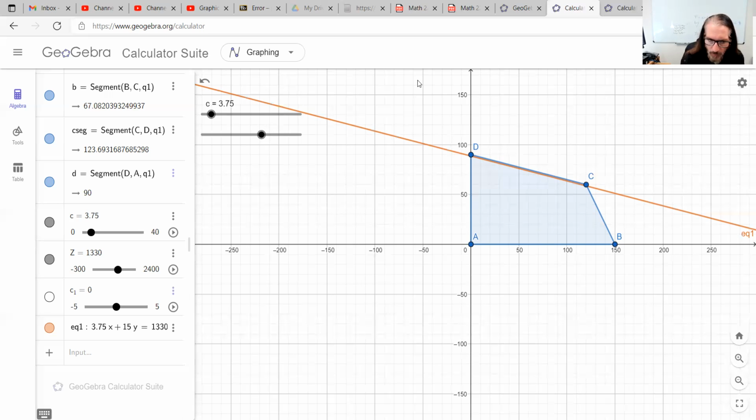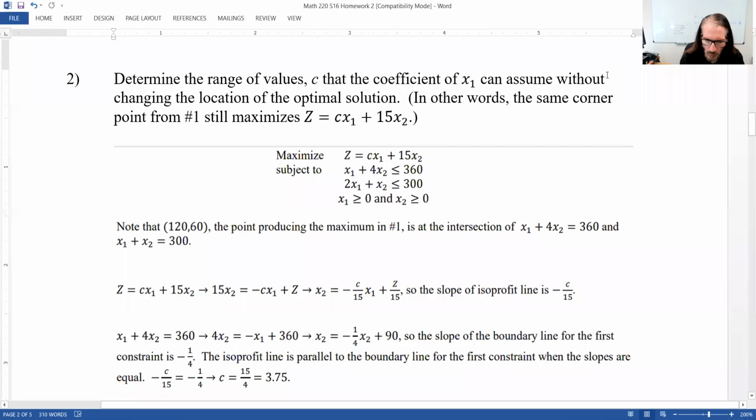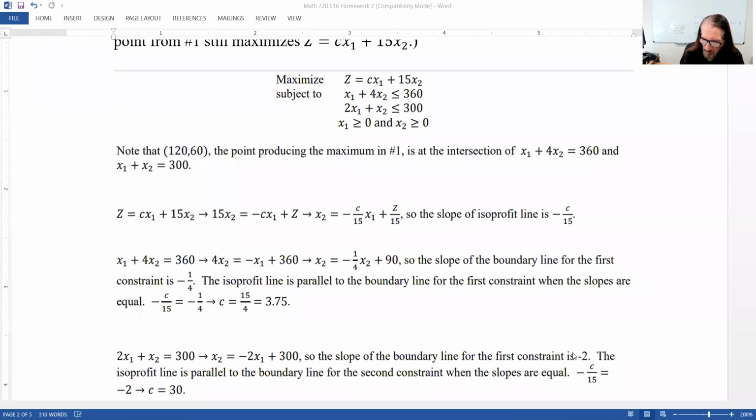So similar work for the other line that we had intersecting at the point that previously produced the maximum. That came from the second regular constraint. If we solve this one for x2, i.e. thinking of x sub 2 as y, we get that its slope is negative 2.